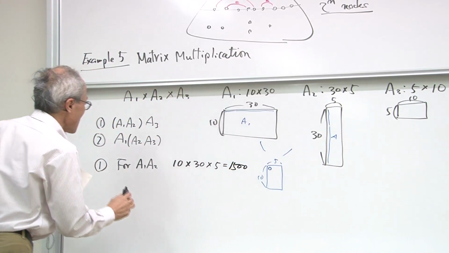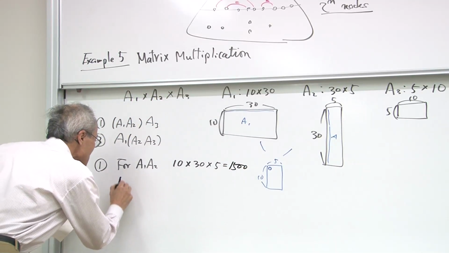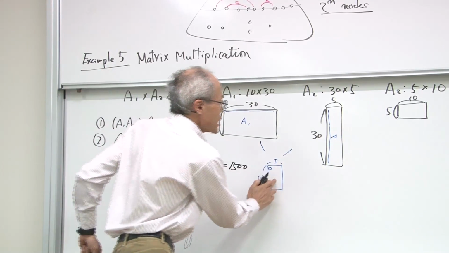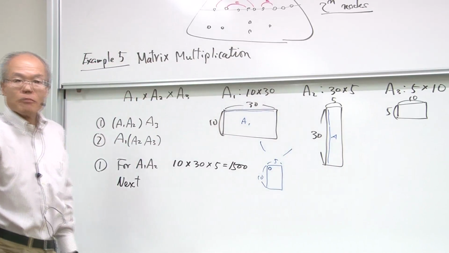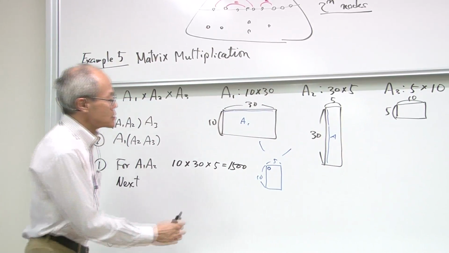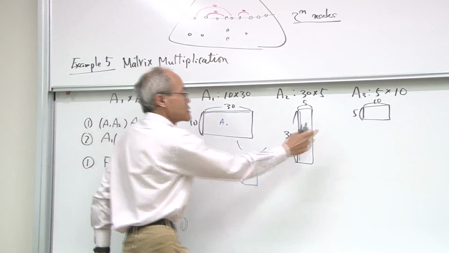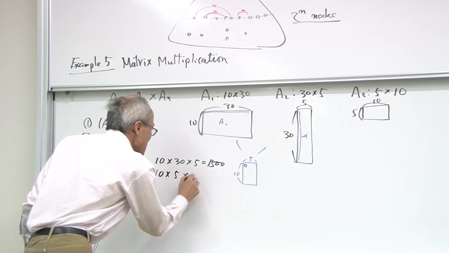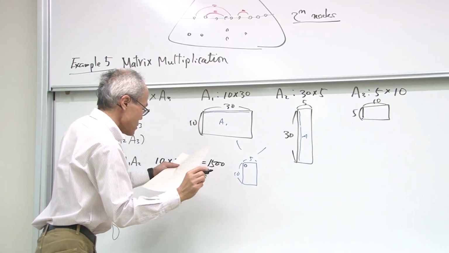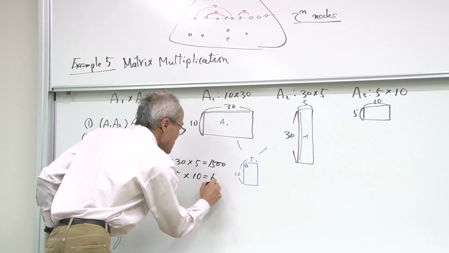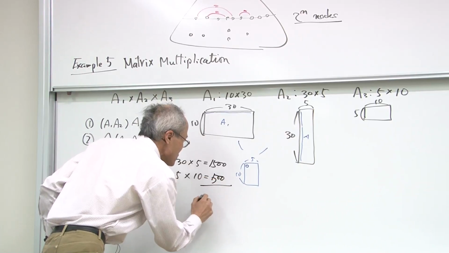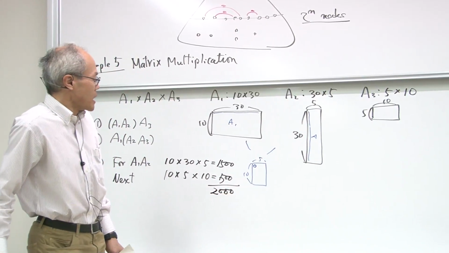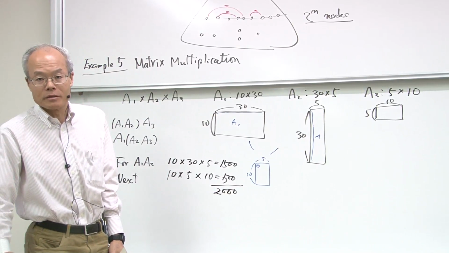And then next, we multiply this guy and this guy. How many operations? That is 10 times 5 times 10, which is equal to 500. In total, we need 2,000 operations.